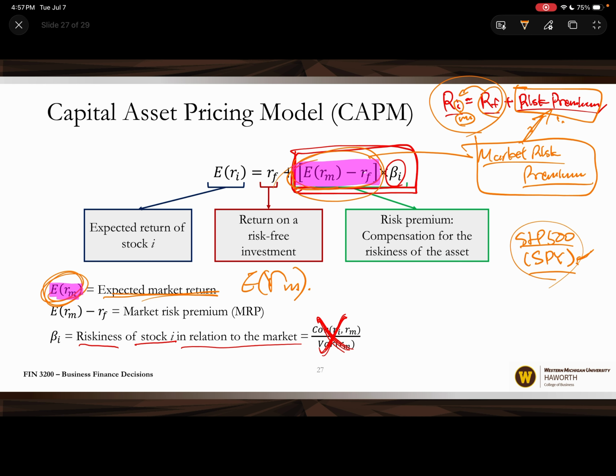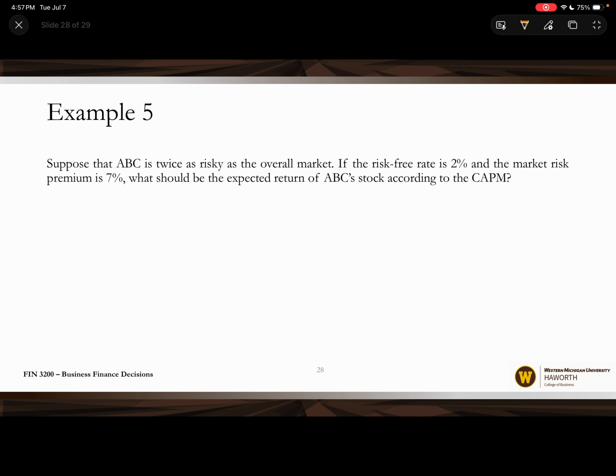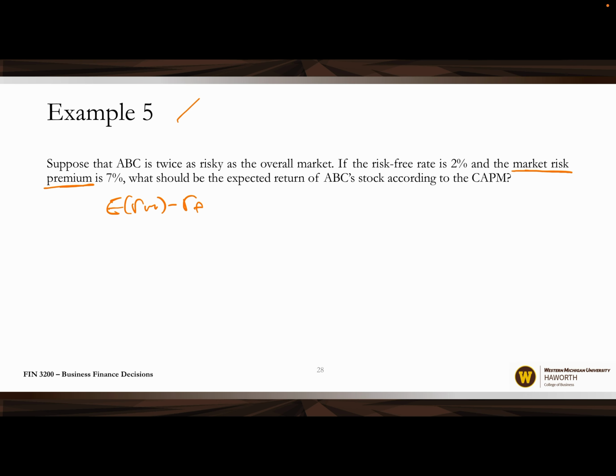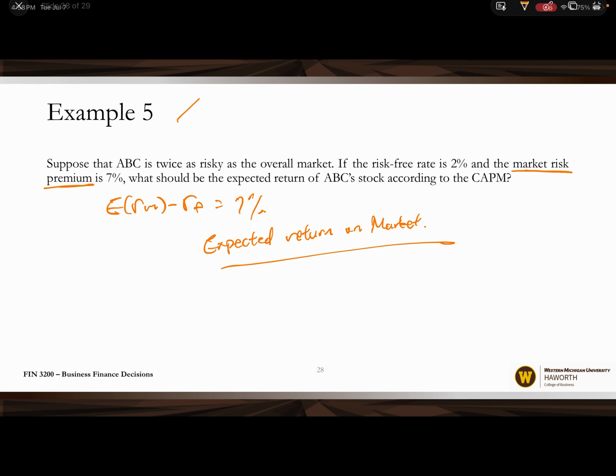This formula is really easy and the problems are really easy. You should see the solutions. The only thing you have to worry about is that on the exam, I'll sometimes give you the market risk premium, which is this, say 7% in this problem, but sometimes I'll give you the expected return on the market, instead of this entire thing.